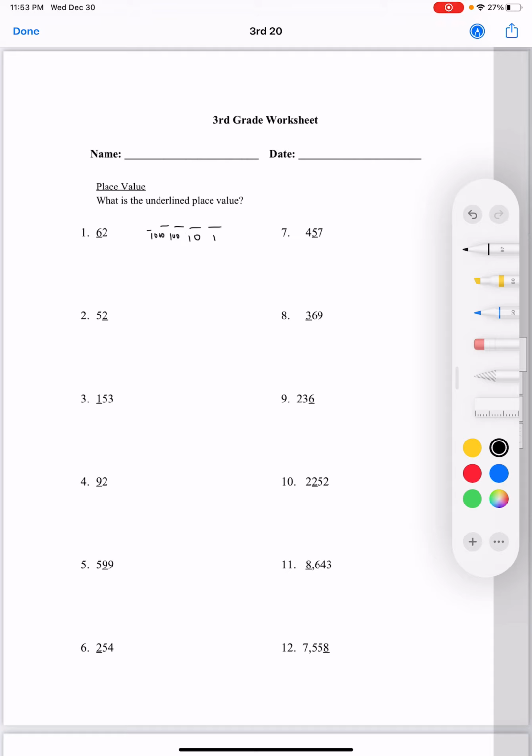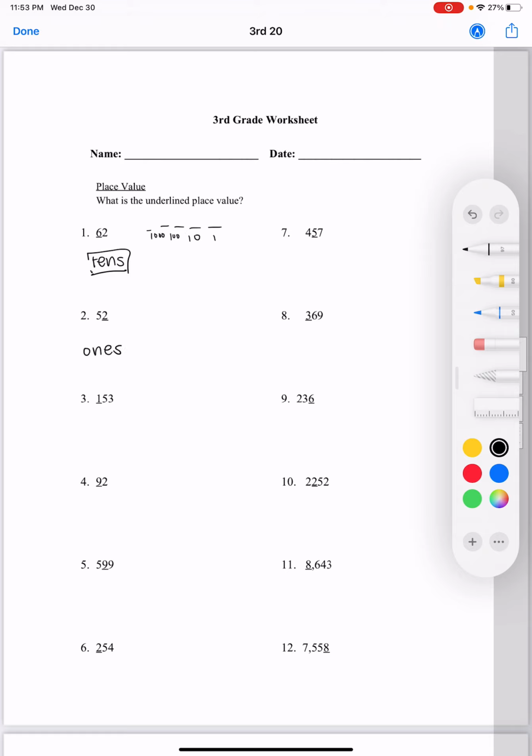If we look at number 1, 6 is underlined, which is 2 places from the right, which means that it is in the tens digit. For number 2, the first number from the right is underlined, which is the 2, which means that it is in the ones. So this is how you solve all of them.